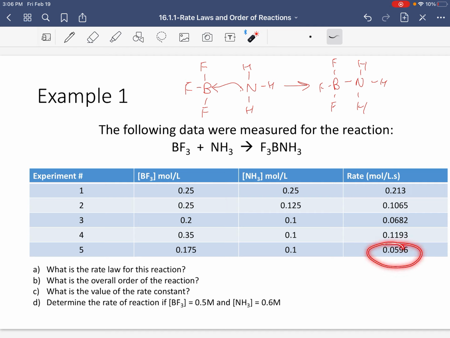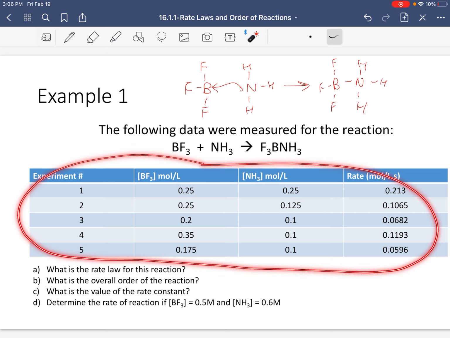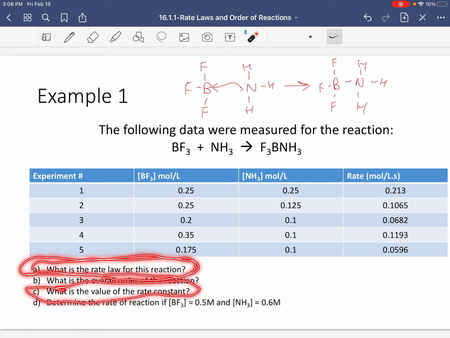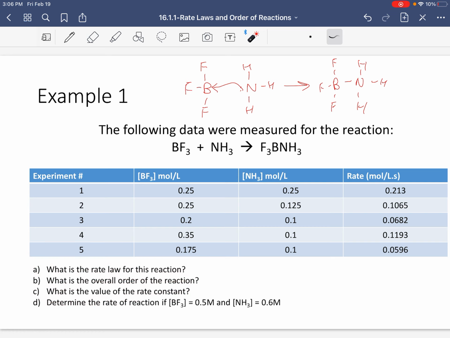And it did. So I was able to collect all this data. Now with that, I may answer these questions. This being the most important one of them all, because this question, along with this, will show you exactly how the rate of this reaction will relate when the concentration of these participants changes.